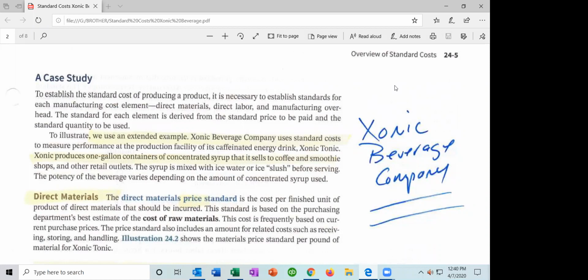That's the output. The syrup is mixed with ice water or ice slush before serving. The potency of the beverage varies depending on the amount of concentrated syrup used. That's the product that Xonic Beverage makes.